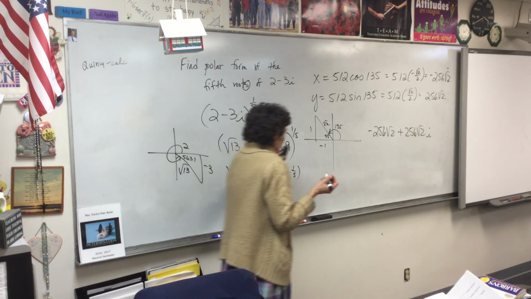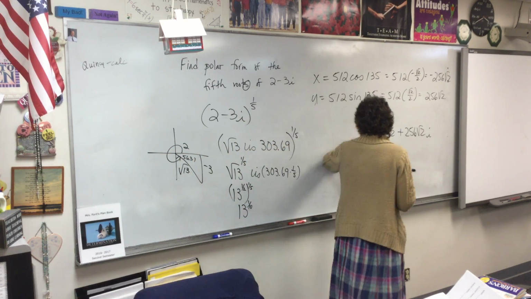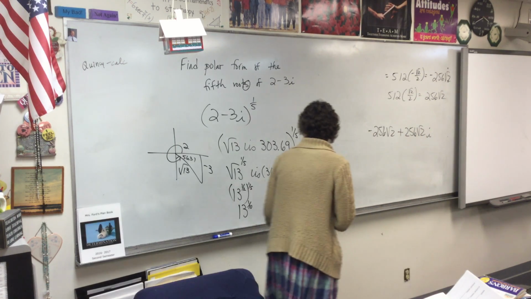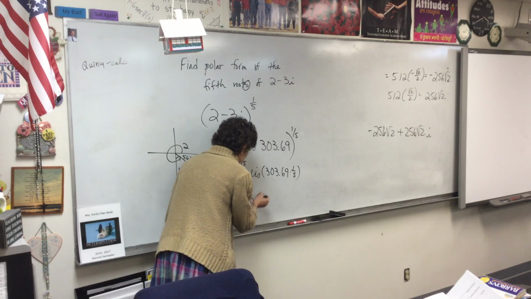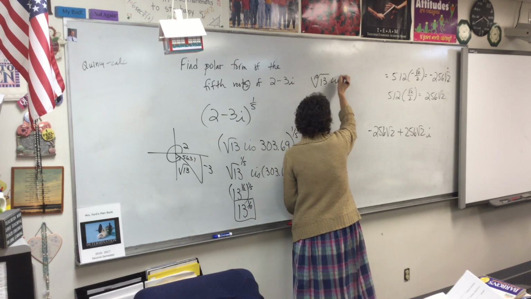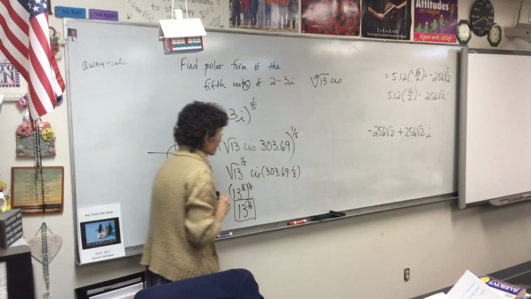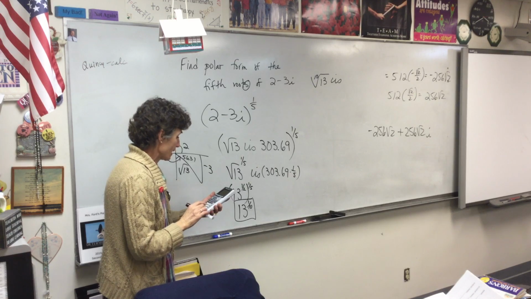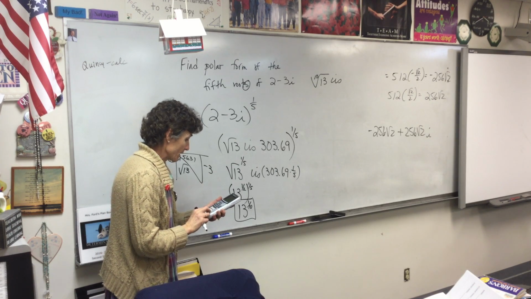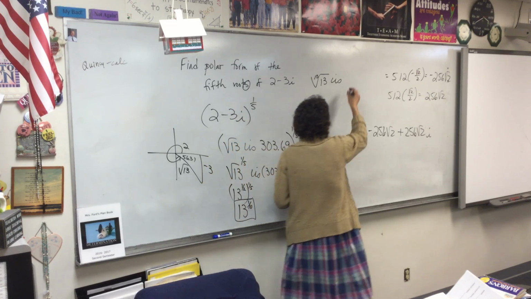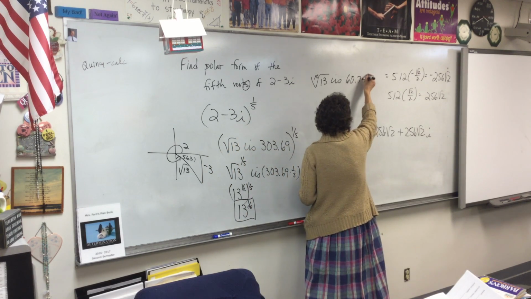I like to write it as the 10th root of 13. That's my personal preference. This is fine. You're going to write 13 to the 1/10. I'm going to write the 10th root of 13. And then I need to do 303.69 divided by 5, 60.74. Got a little round off in there, but oh well, it can't be helped.